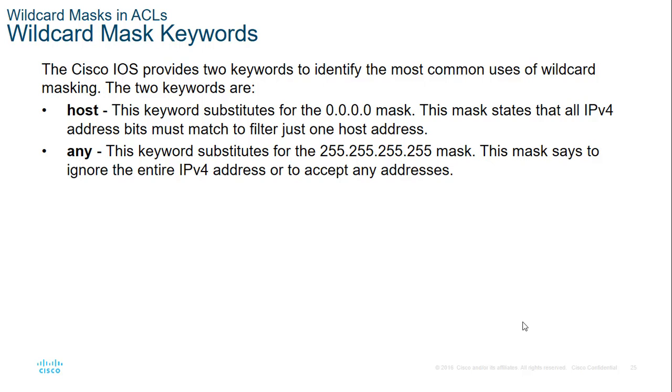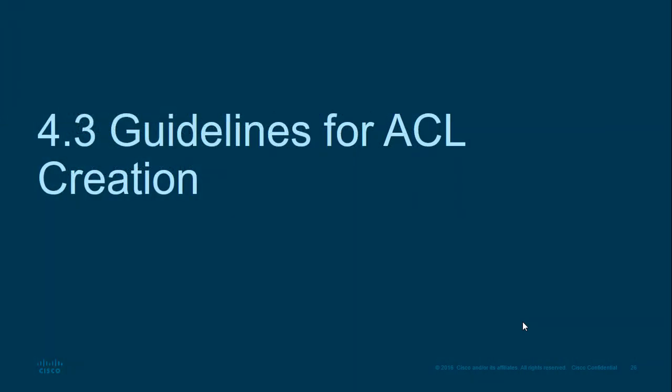An example there would be access list 10 permit 192.168.10.10 0.0.0.0. There I could use host. Or I could say access list 11 permit 0.0.0.0 255.255.255.255. That would be the equivalent of using permit anybody to come through.